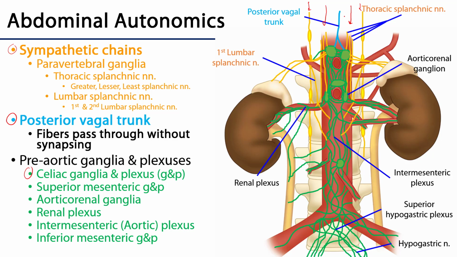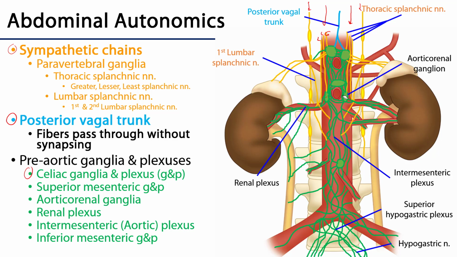You'll remember these as the greater, the lesser, and the least thoracic splanchnic nerve, all coming from various thoracic sympathetic ganglia descending down, piercing typically through the crura of the diaphragm to eventually synapse in what are known as pre-aortic ganglia, which we'll get to. That's what these green things are here that I'm putting X's through.